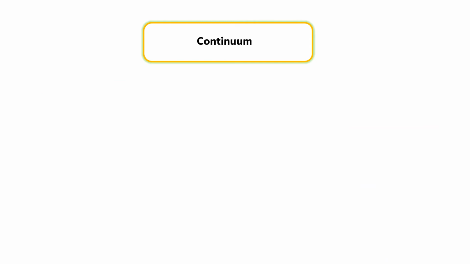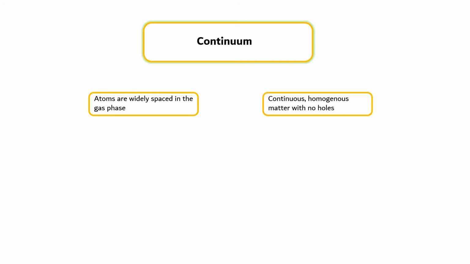Continuum. Matter is made of atoms that are widely spaced in the gas phase. However, it is very convenient to disregard the atomic nature of a substance and view it as a continuous, homogeneous matter with no holes, that is, a continuum.